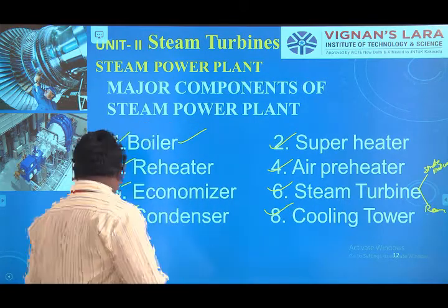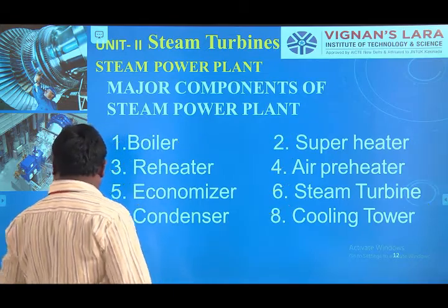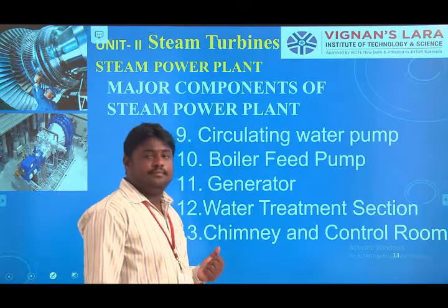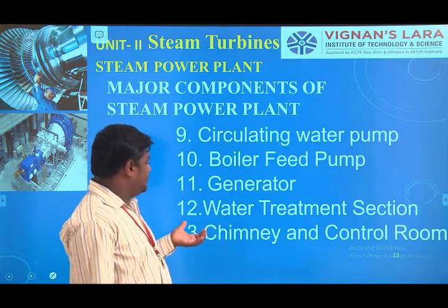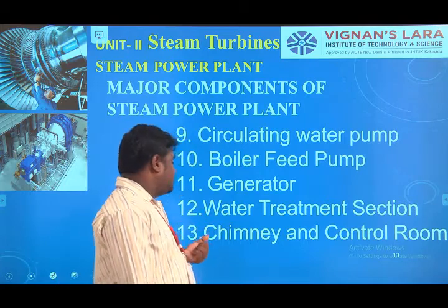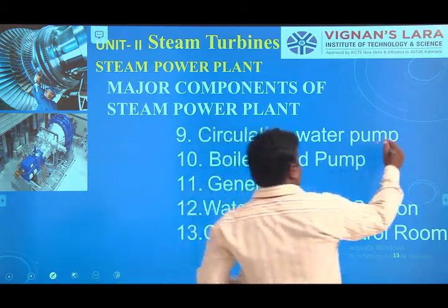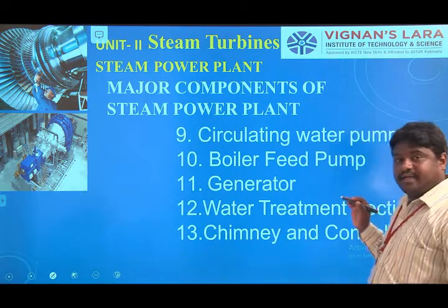Then there are other components: the ninth point is the circulating water pump, then the boiler feed pump, generator, water treatment section, chimney, and control rooms.